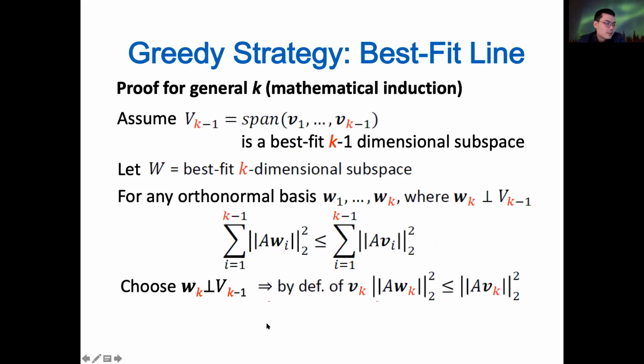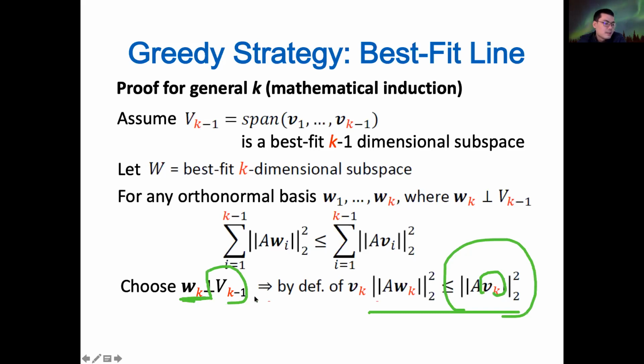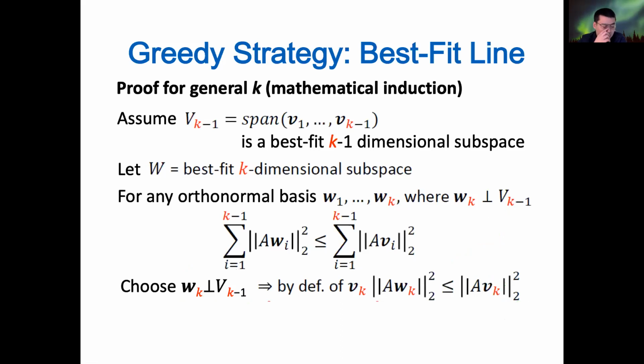And now we also know that choosing this, we have this, because Vk is a unit vector that maximizes while being perpendicular to this space, and Wk is just yet another unit vector perpendicular to the space. Of course, Vk is the one that maximizes, so this is going to be larger than this. Now the conclusion is pretty simple.